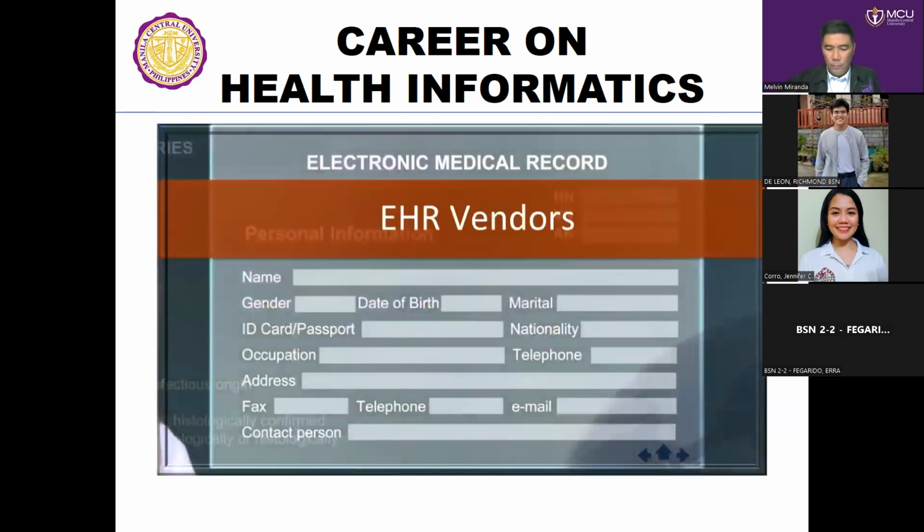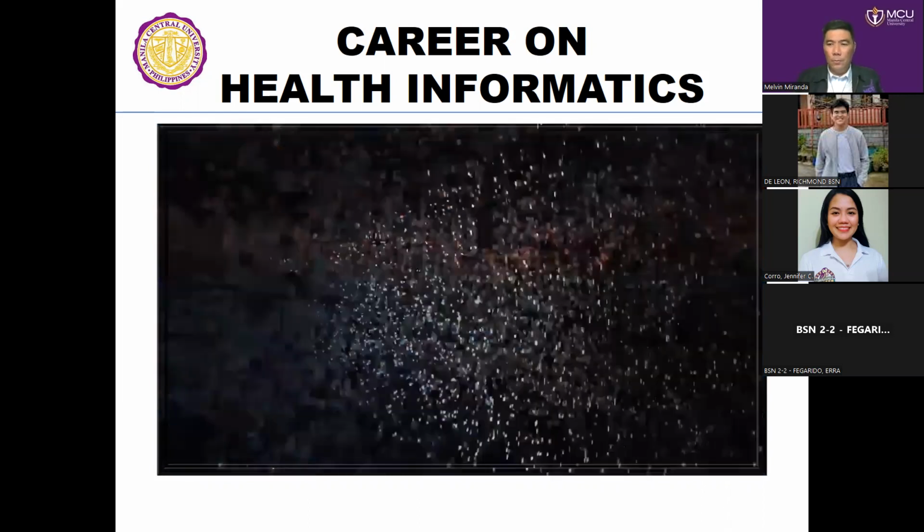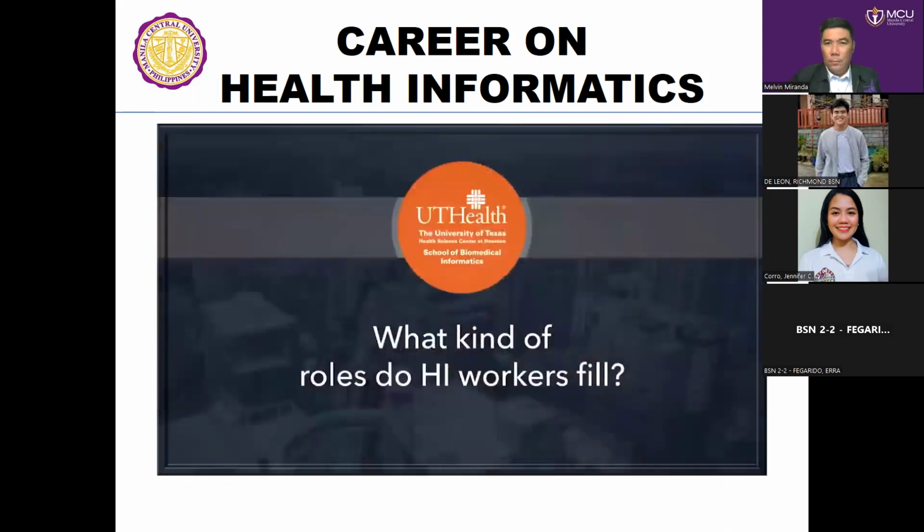They also work for EHR vendors in which they help to develop, program, sell, and implement the various EHR products. Or they can work in higher education, meaning in universities and community colleges, as educators, researchers, and innovators of health informatics.